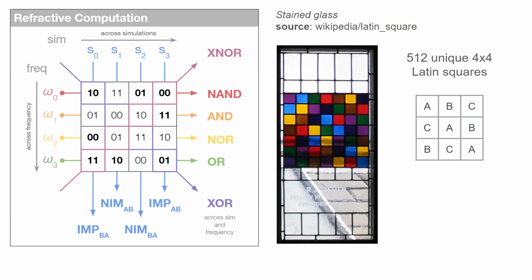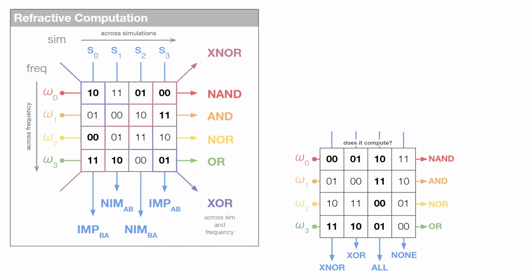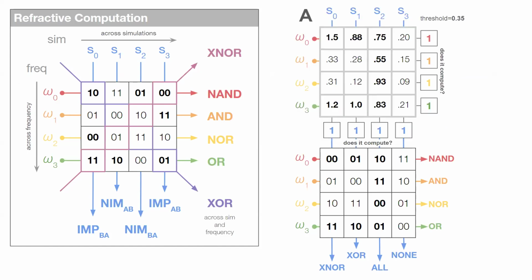So what we do is we take the best performing material again, we randomly sample a Latin square, and then we ask it to compute the same four logic gates that it saw during evolution. And that's the constraint that produces these four new logic gates down the columns. So we do the same thing we did before. We ask what are the gain values and are those sufficient to compute the four logic gates that we evolved for and the new four parallel gates. And we find that the answer is yes under the same thresholding. This works.